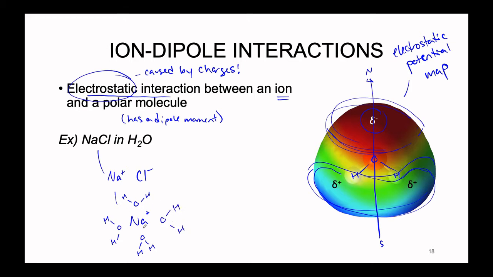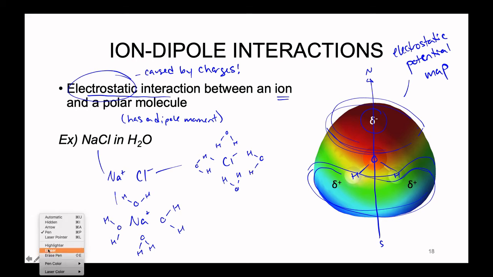All of these partially negative oxygens are going to stabilize the sodium. And our chloride is going to be surrounded by the partially positive hydrogens, which again are going to be readily abundant, assuming that we've added the correct ratio of salt into our water. Just get rid of this one little thing. Don't want to be confusing.